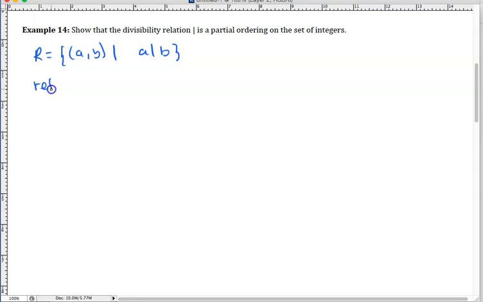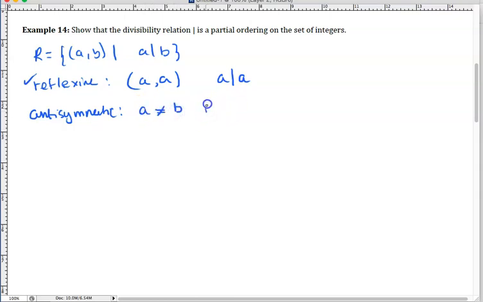Reflexive: we need to show that (a, a) is in that set, and it is because a divides itself. Now antisymmetric: if a is not equal to b and (a, b) is in the relation, then (b, a) cannot be in the relation.